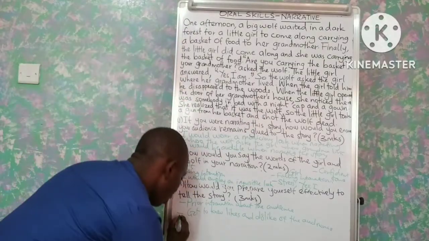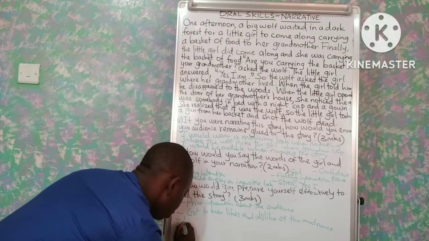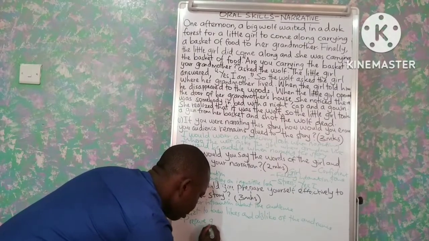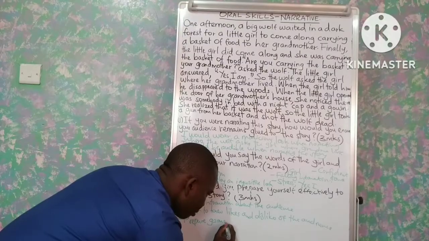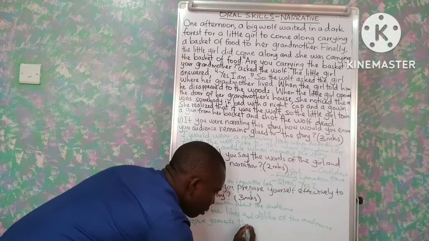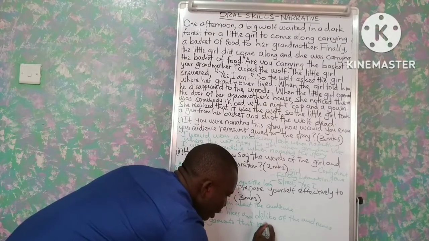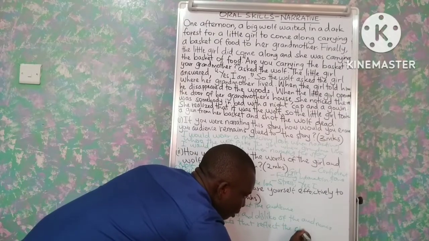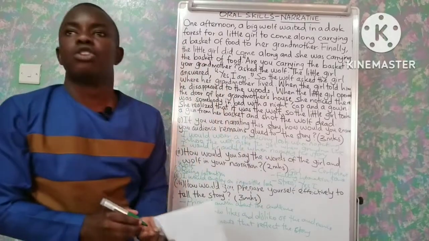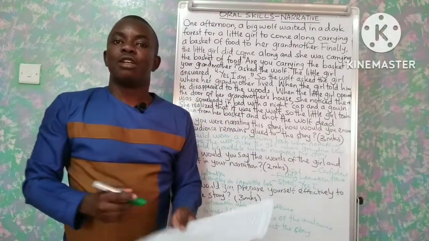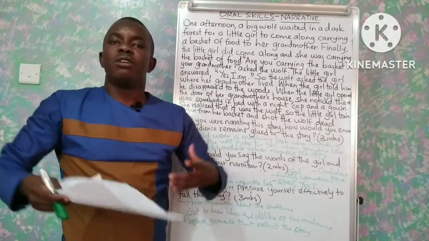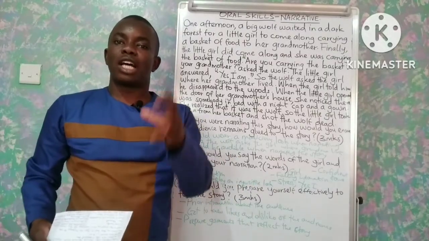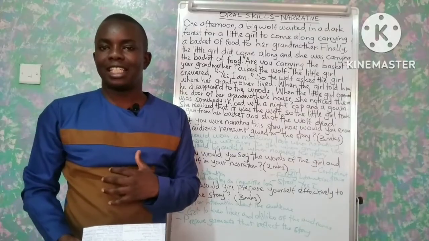I would also prepare the garments that reflect the story. So in this case, maybe I could be donned in a leopard skin to bring about that aspect of the wild.